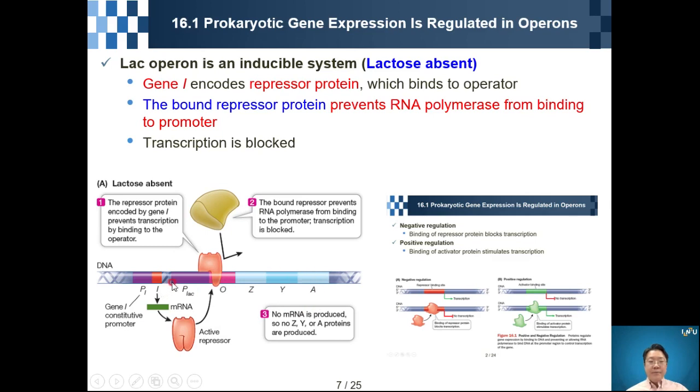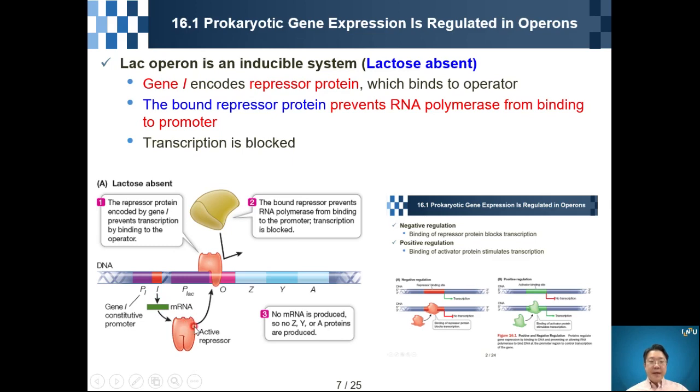In front of the promoter, they have gene I. The main function of gene I is to encode the repressor protein. When this gene is transcribed, it makes the active repressor.